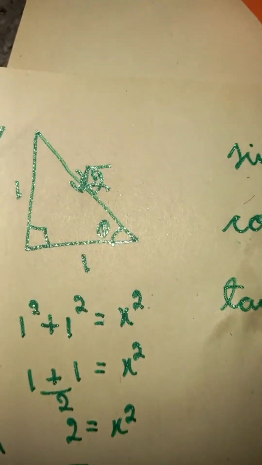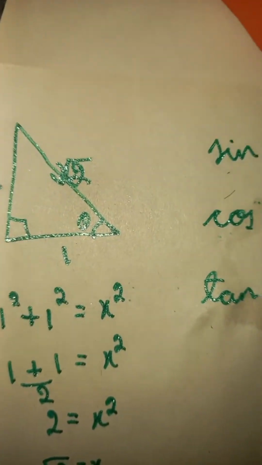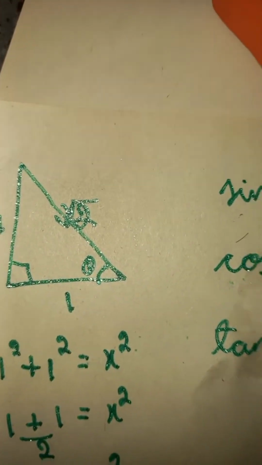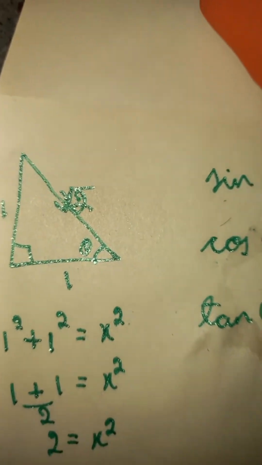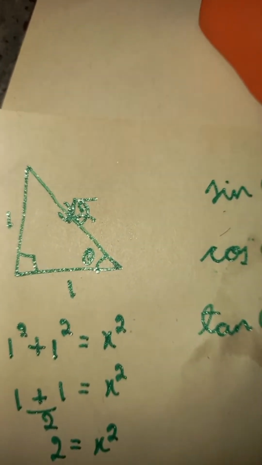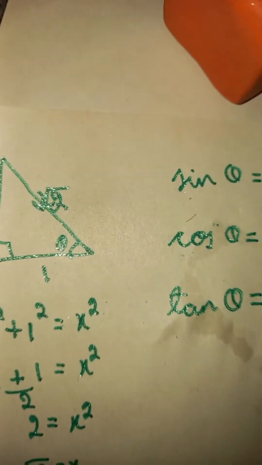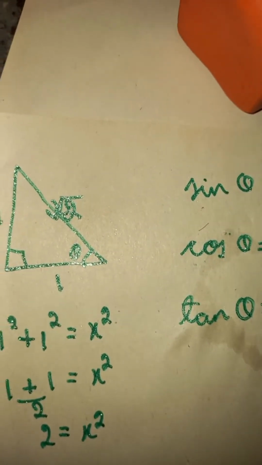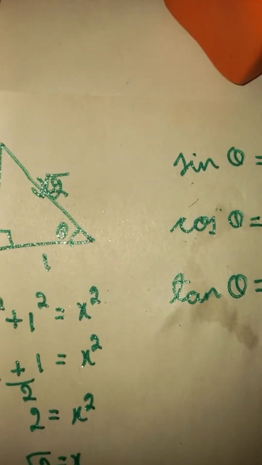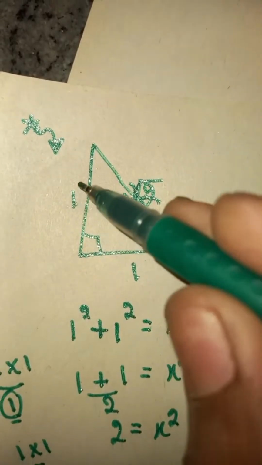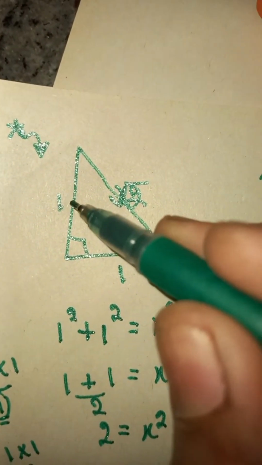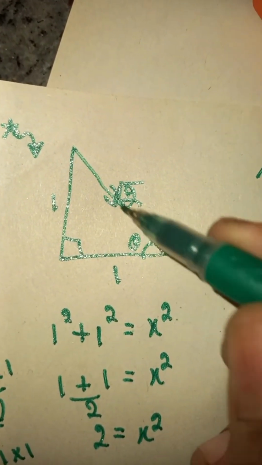Sine of theta means opposite by hypotenuse. This is theta angle, this is opposite, and this is hypotenuse.